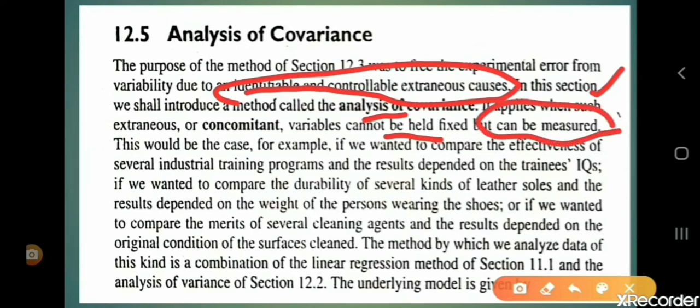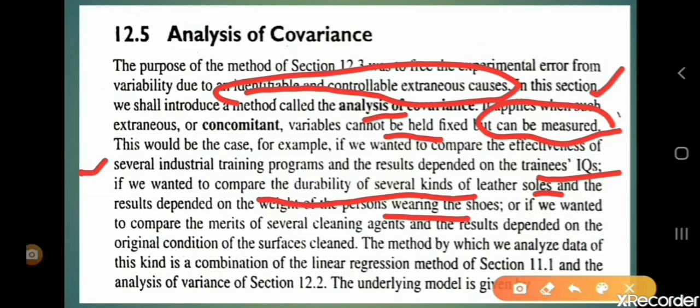For example, if we want to compare the effectiveness of several industrial training programs, and the results depend on trainees' IQs. Similarly, if you want to compare the durability of several kinds of leather shoe soles, and the result depends on the weight of persons wearing these shoes, so we can see there is some kind of relation between these variables.